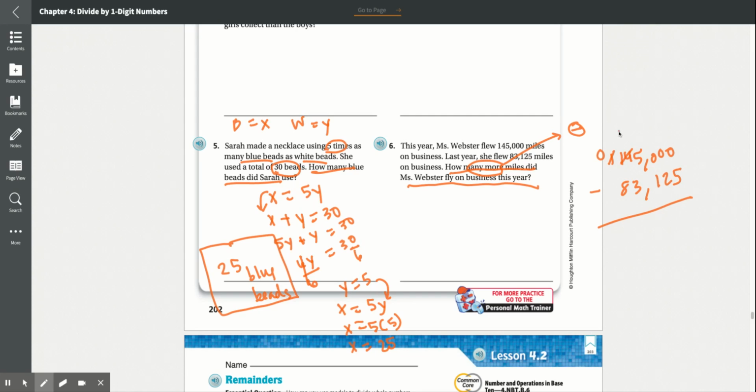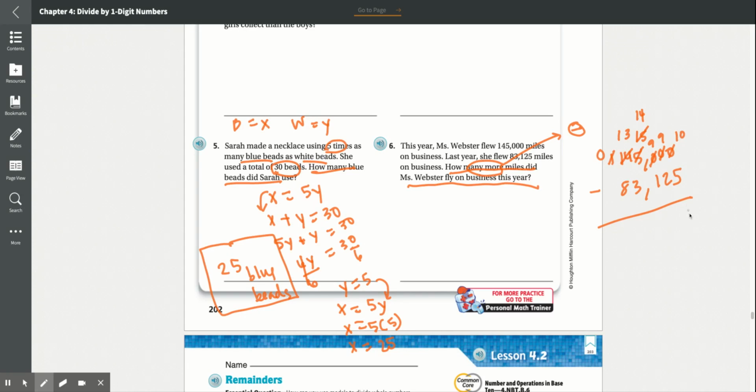Make that a 13 to borrow for the 5. That's 15. Make that 14 so that these zeros can have something to subtract with. So that's 14. This is 10, but then you have to borrow for the next one over, so make it a 9. Same thing with this one. You have to borrow for the last number, so make it a 9. And this one is equal to 10.